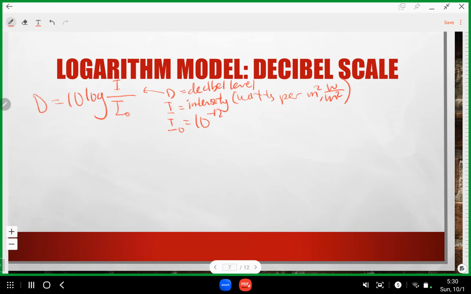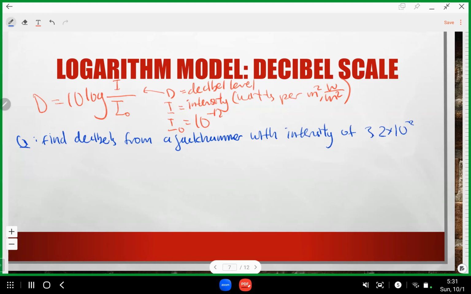So our question here is: find the decibels from a jackhammer with a sound intensity of 3.2 times 10 to the negative third watts over meter squared, and then compute to 2 decimal places.